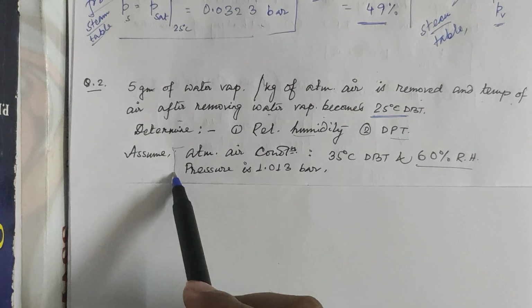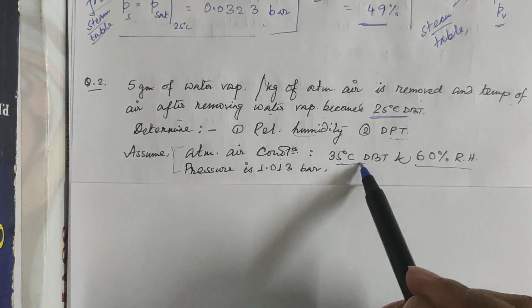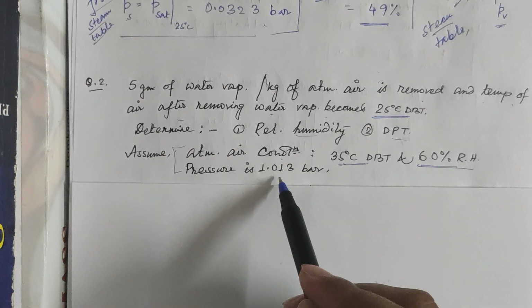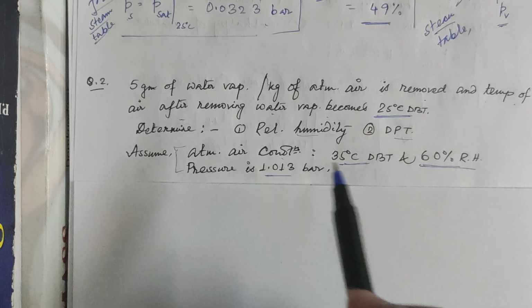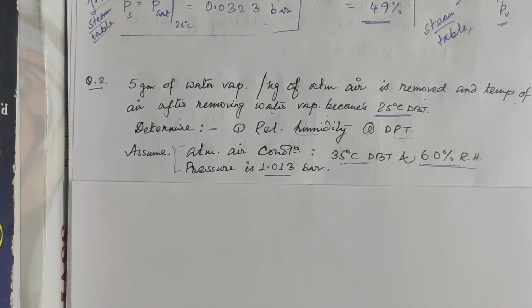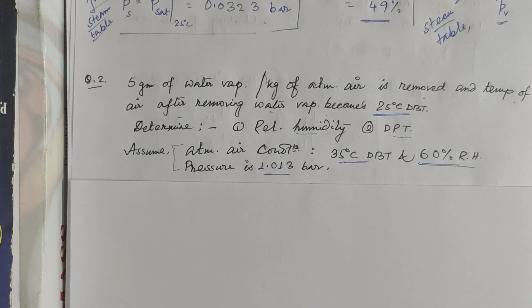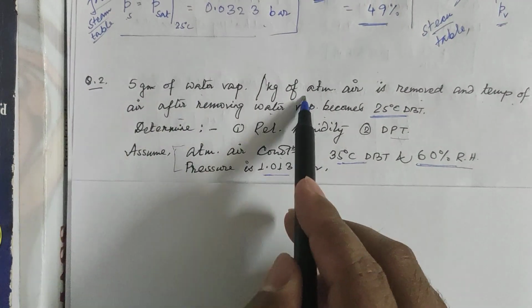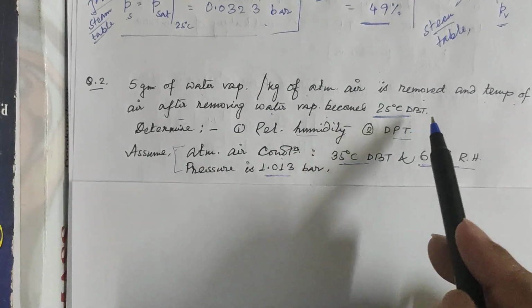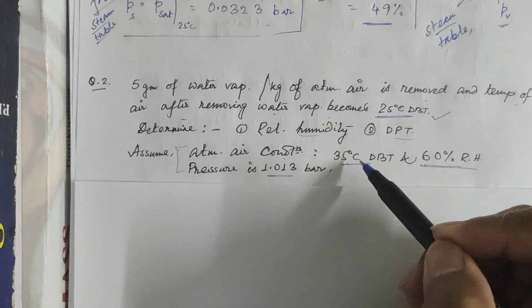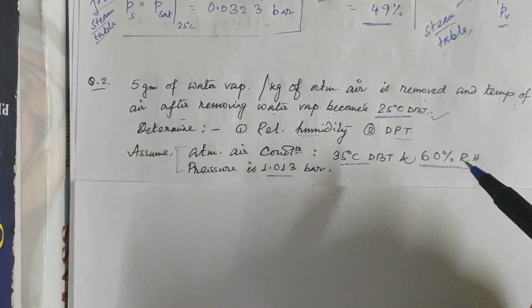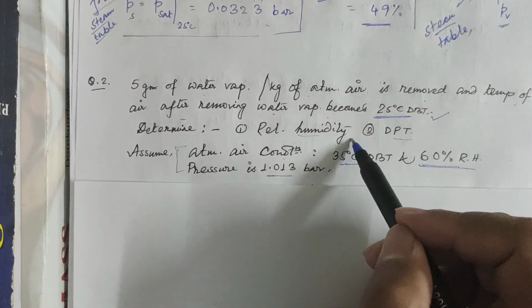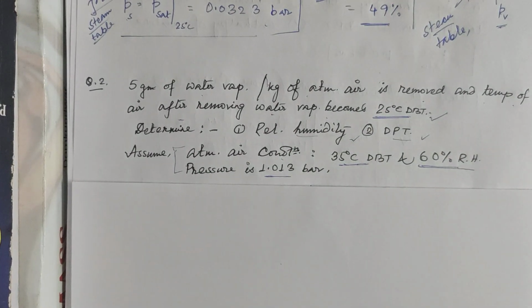The atmospheric air condition is given as 35 degree dry bulb, 60% relative humidity, and atmospheric pressure of 1.013 bar. From that air you have to remove 5 gram of water vapor from 1 kg of air, and after removing that, the dry bulb temperature changes from 35 to 25 degrees centigrade. For this change you have to find the relative humidity and dew point temperature.